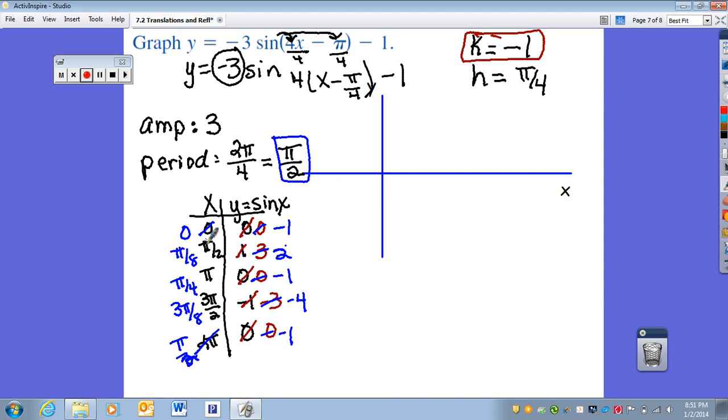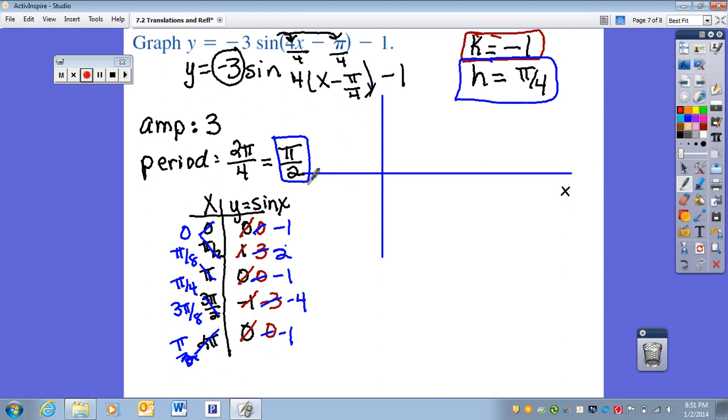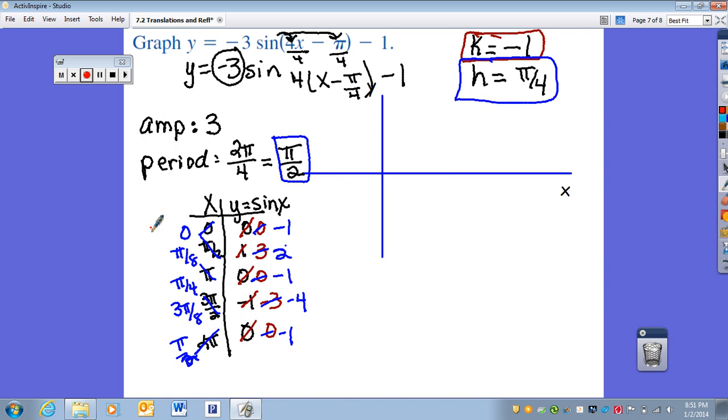All right, next we need to shift horizontally a positive pi over 4. That means we're going to add pi over 4 to each of these values to shift it to the right. So this becomes pi over 4.